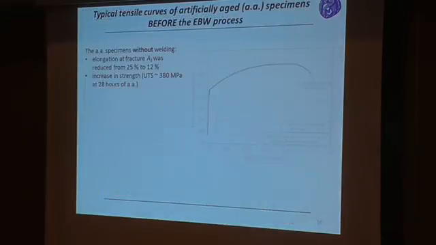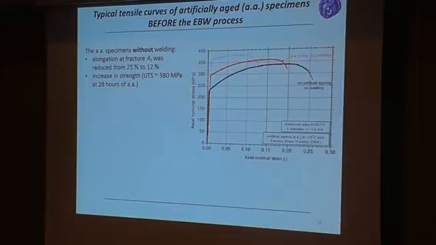For the typical tensile specimens, artificial aging specimens without welding, the elongation of fracture was reduced from 25 to 12%, and the ultimate tensile strength was around 380 megapascal at 28 hours.